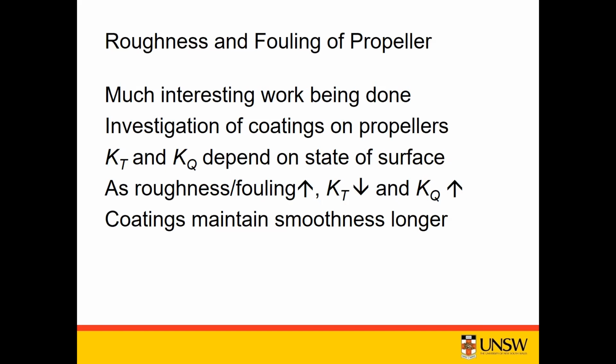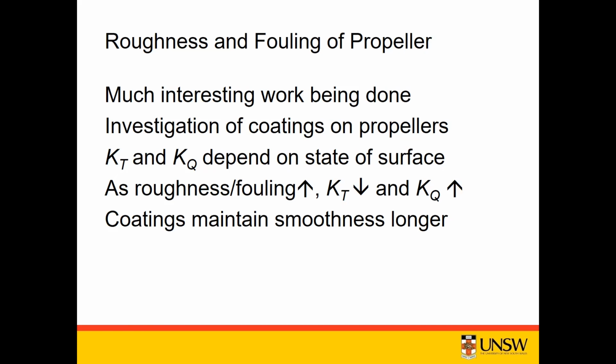When you come to fouling of the propeller, as opposed to fouling of the hull, there's lots of interesting work being done in this field at the moment, and in particular at the University of Newcastle in the UK. And they're doing a lot of investigation work about coatings on propellers to improve their long-term performance.